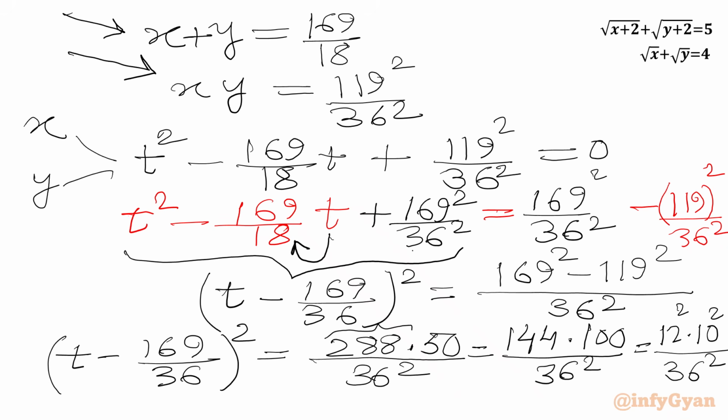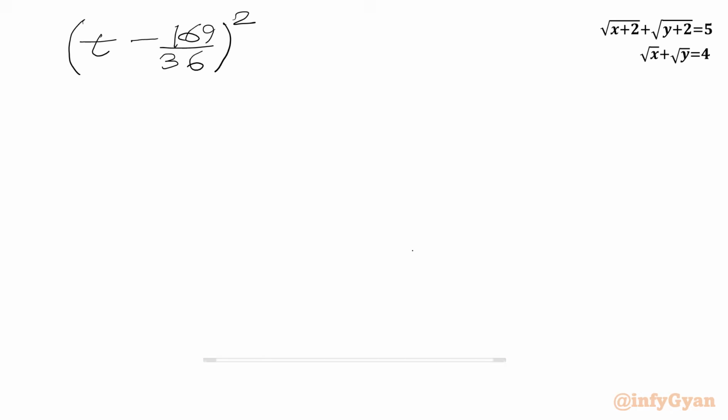So we have in the right hand side 12 times 10 over 36 whole square. And in the LHS we have t minus 169 over 36 whole square. Let us write here t minus 169 over 36 whole square equal to 12 times 10 over 36 whole square.